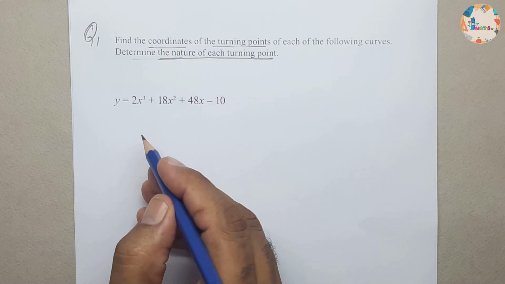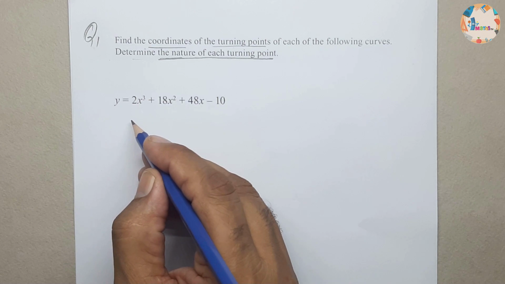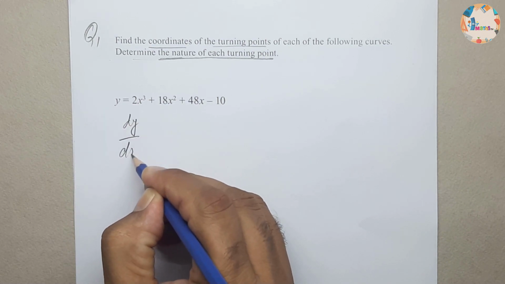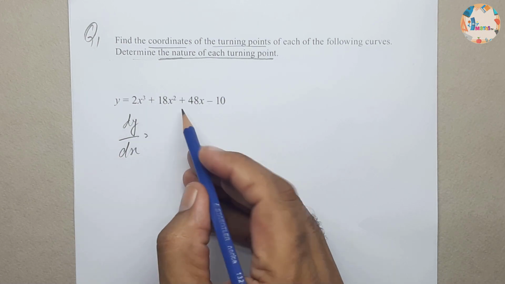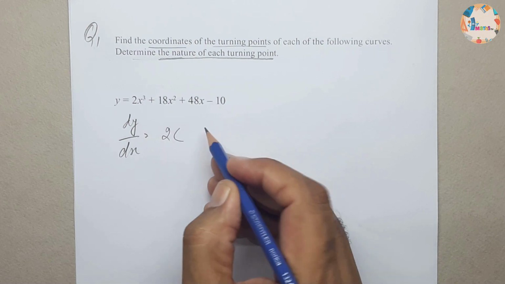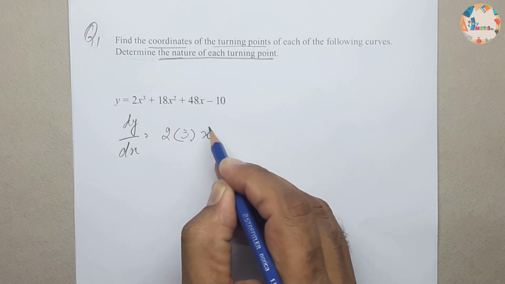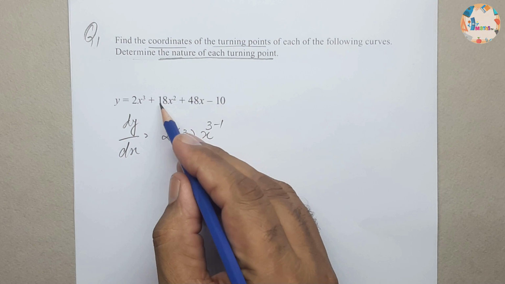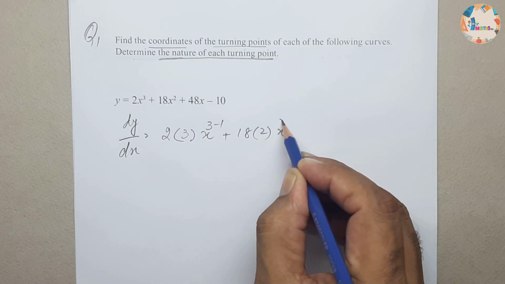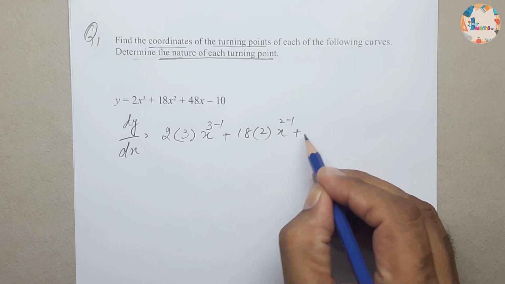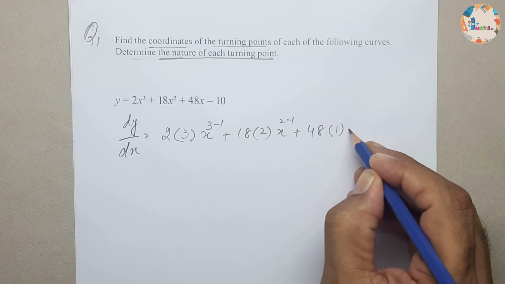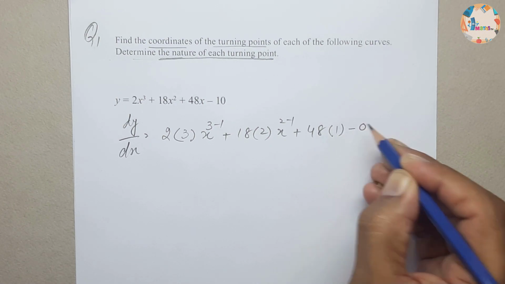To find the turning points we find the derivative and put it equal to 0. So dy over dx will be the derivative of this: 2, and then we pull the 3 and x raised to power 3 minus 1, plus 18, and we pull the 2 and x raised to power 2 minus 1, plus 48, and the derivative of x is 1, minus the derivative of a constant is 0.